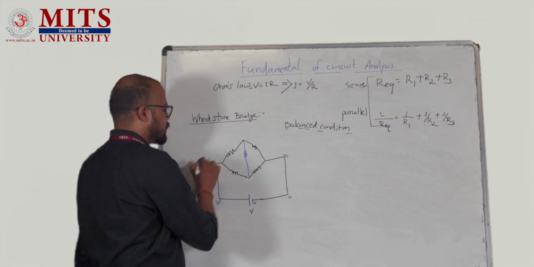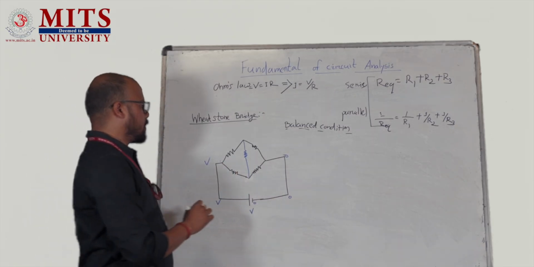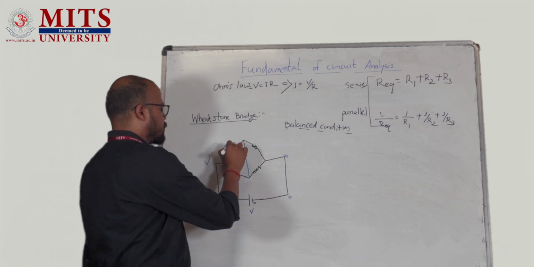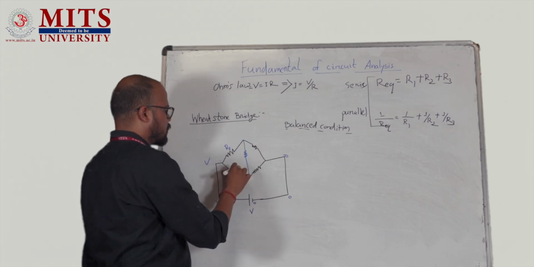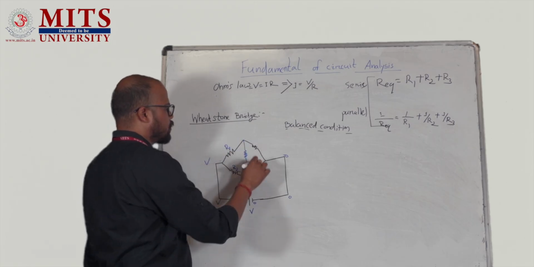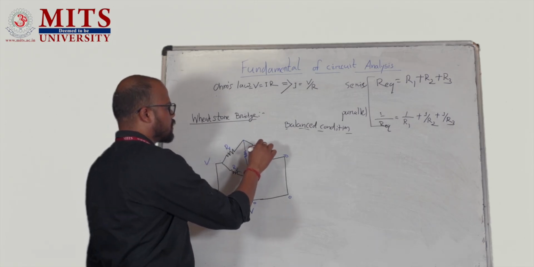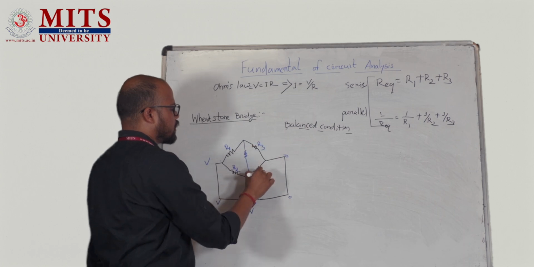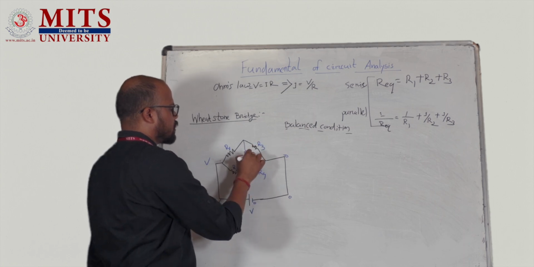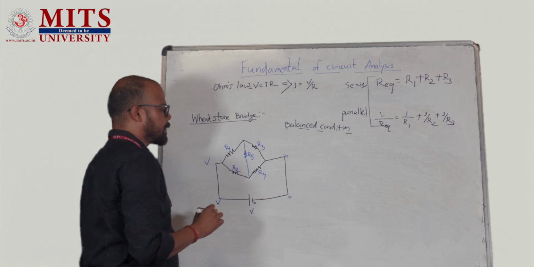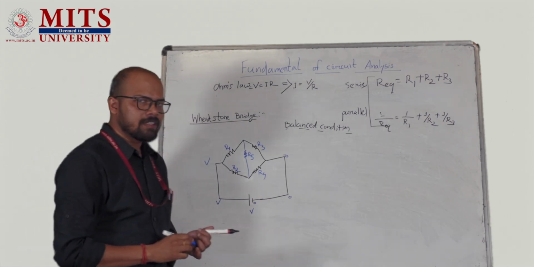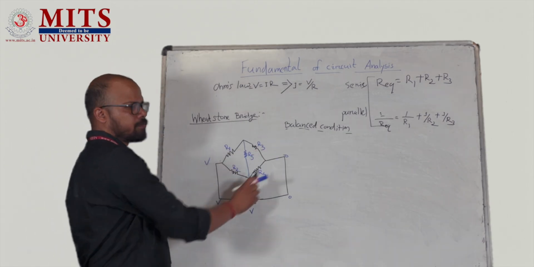Here the voltage is V. Now this resistor has resistance R1, this has resistance R2, this has resistance R3, this is R4, and this one has resistance R5. Now this is actually a Wheatstone bridge.